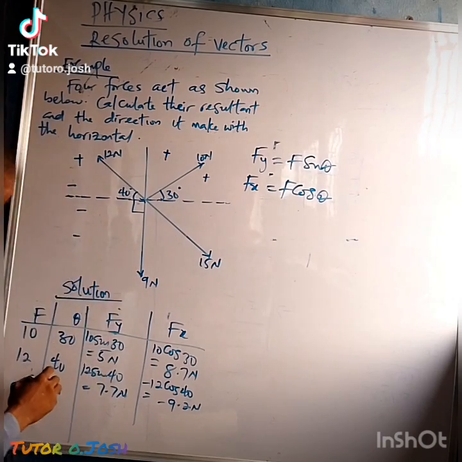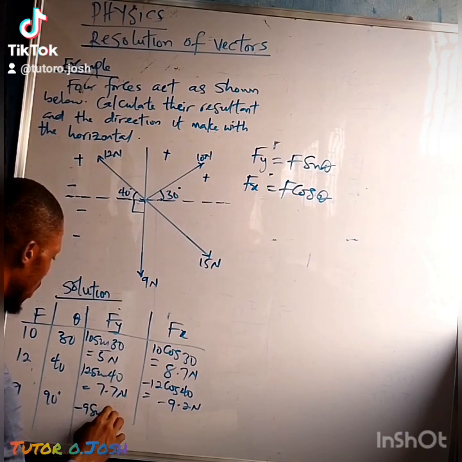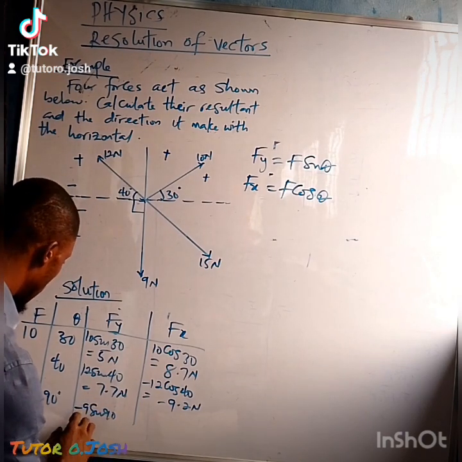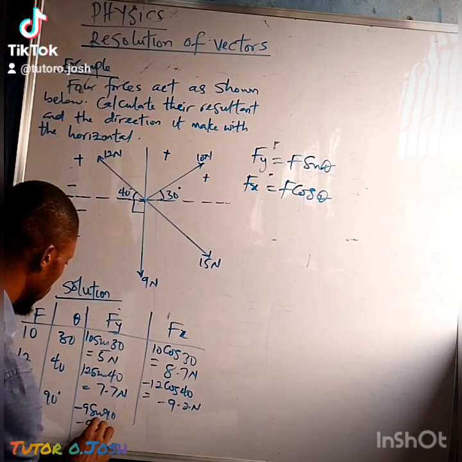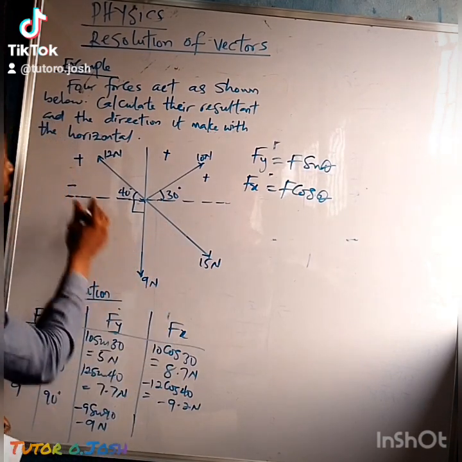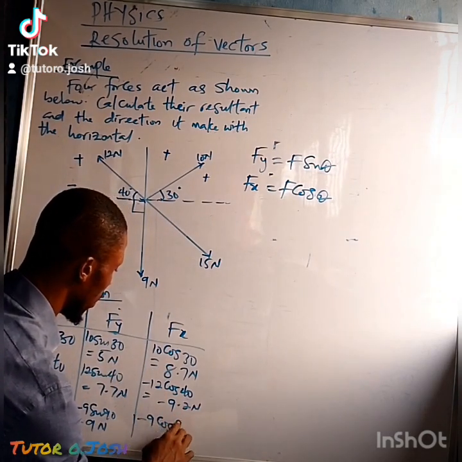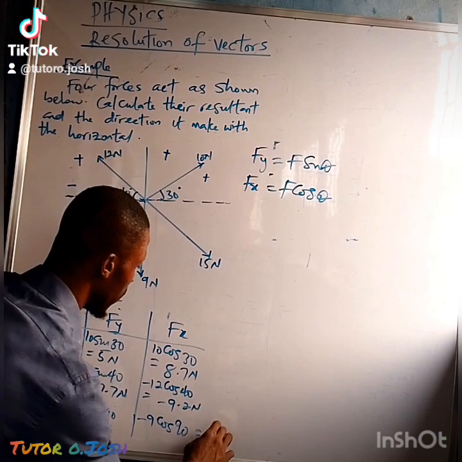So then we have minus 9 sine 90, and that gives minus 9 Newton. And the horizontal component is minus 9 cos 90, and that gives 0 Newton.